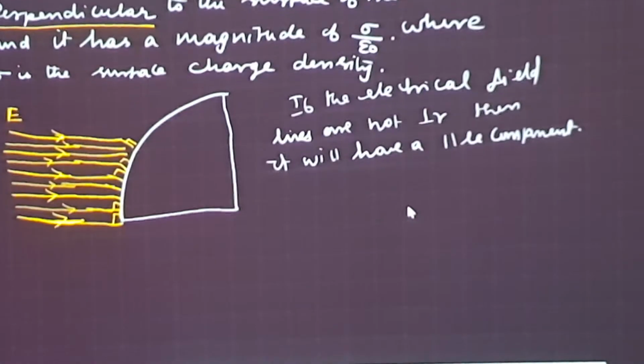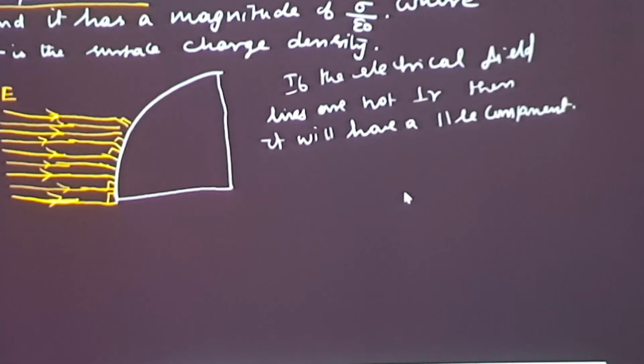If it has a parallel component, what will happen? The electrons will experience acceleration. If you have the parallel component, the movement of the electron and the electrical field lines are parallel, so the electrons will experience a force and get accelerated.